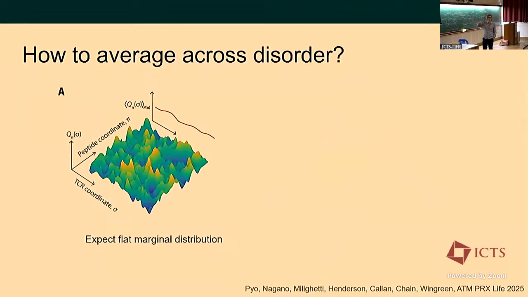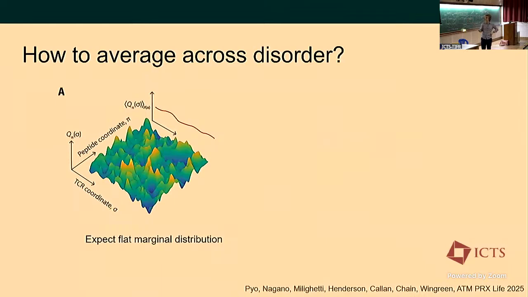Some receptors are just going to generically be better at binding than others, but you might expect something relatively flat, right? That doesn't carry that much information about very particular binding solutions, because they're all going to be at different parts of the receptor space and at these different coordinates.